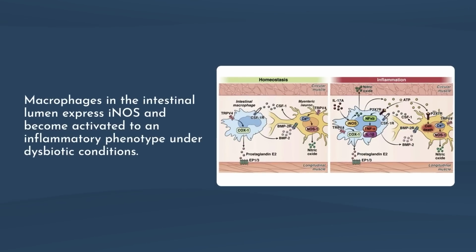Macrophages can also express something called iNOS, inducible nitric oxide synthase, and this is something that can be activated by the presence of certain dysbiotic conditions.